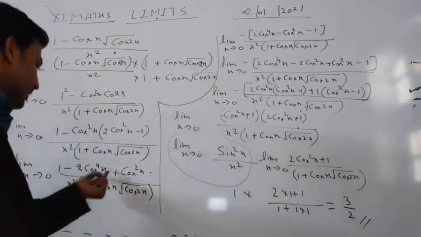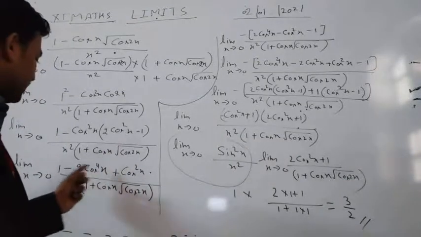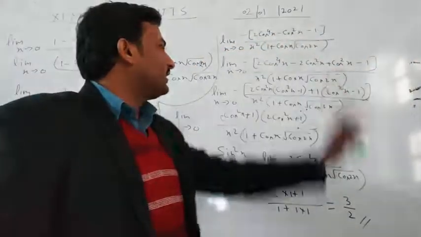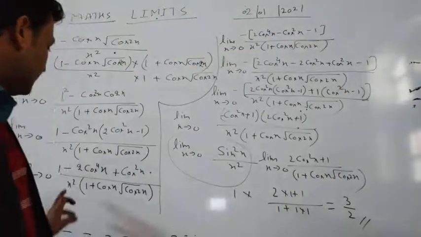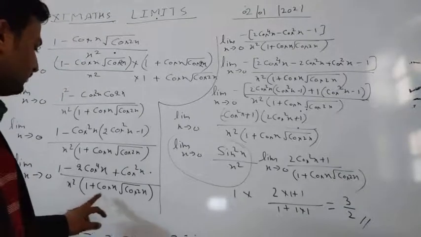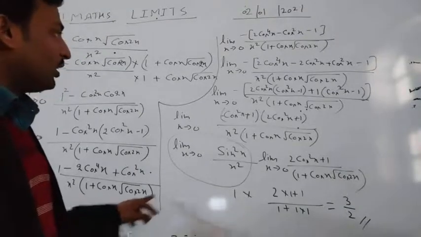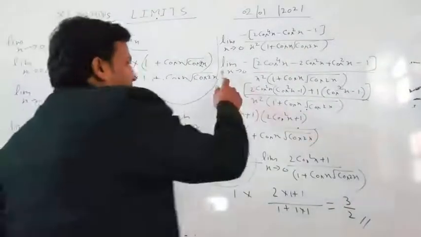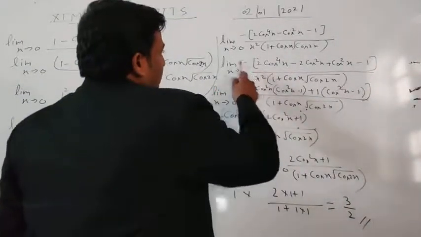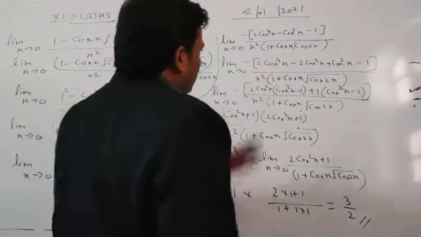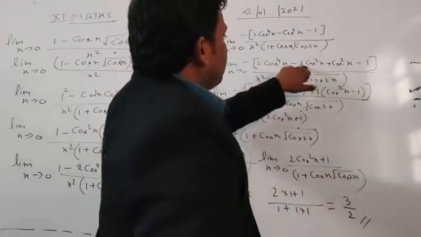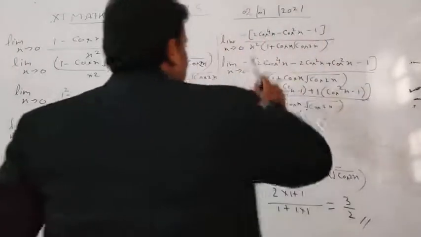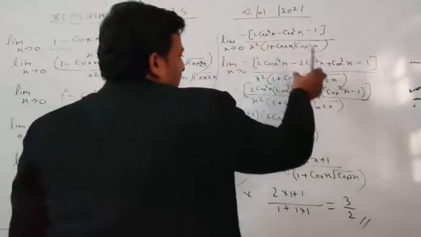Okay, now here we are taking the negative sign outside, we are getting 2 cos to the power 4x minus cos square x minus 1, and in the denominator x square (1 plus cos x under root cos 2x). Okay student, now limit x tends to 0, this is negative, so 2 cos to the power 4x minus 2 cos square x plus cos square x minus 1, and this is x square and the denominator is the same.